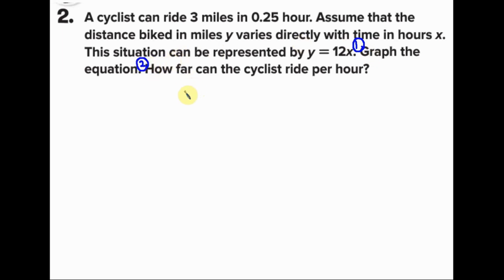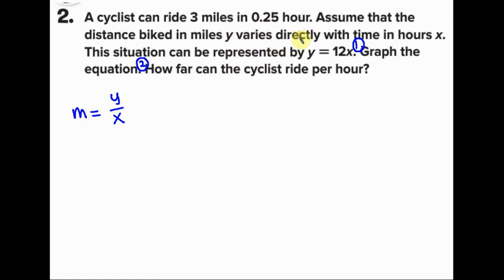So based on the information that's given to you, let's find out how far he can ride per hour. In this case, they told you that for 3 miles it takes 0.25 hours. I need to know which one is your x and which one is your y in order to find your direct variation, y over x.